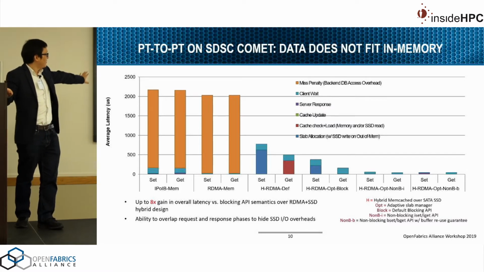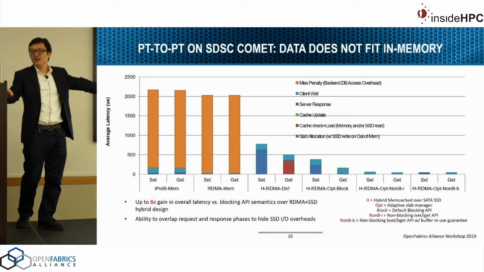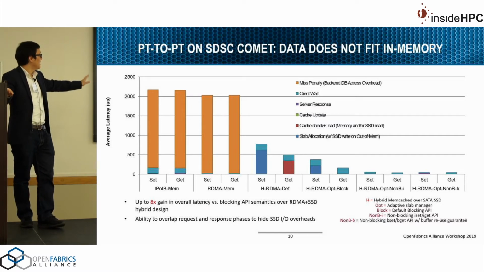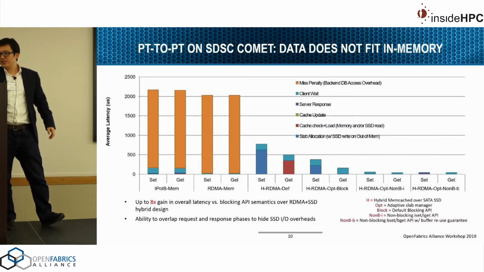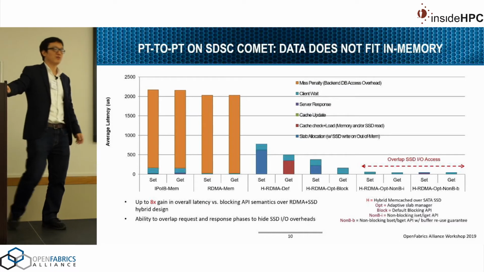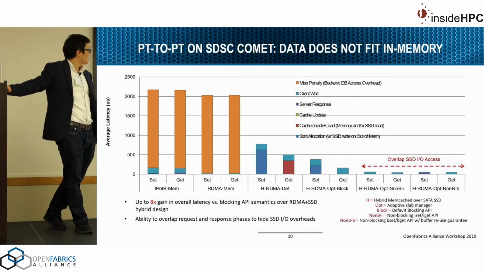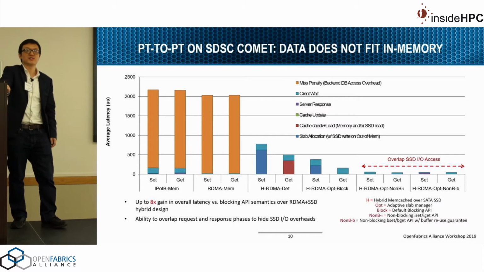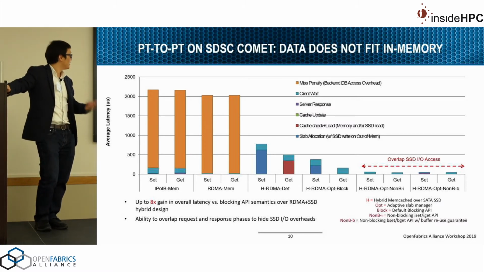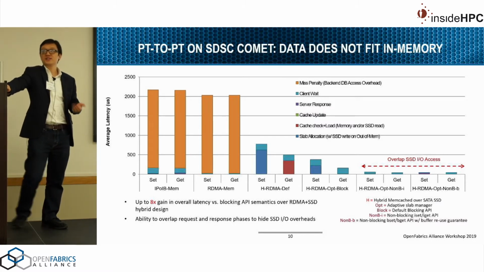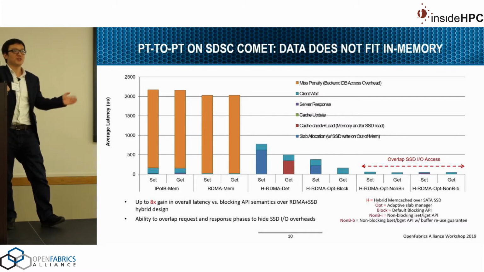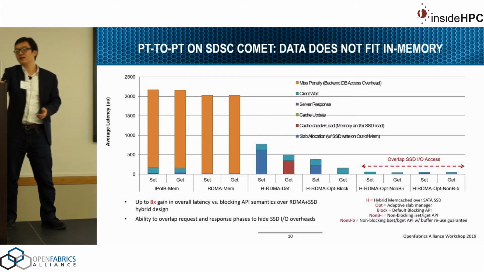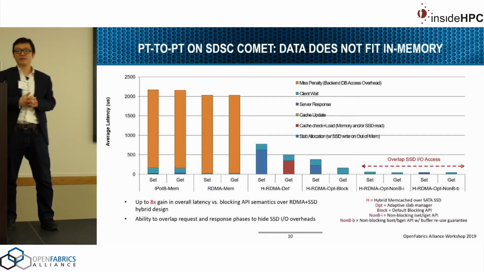The left part is still the original numbers, only the color may be different. The key information in this graph is the right side. Through the APIs we proposed in the last slides, we can very efficiently overlap the SSD access. I believe if we change this part to PMEM, this can also be fully overlapped with our proposed designs.